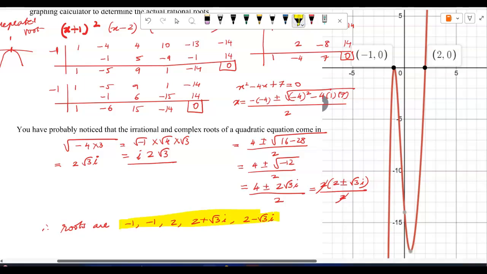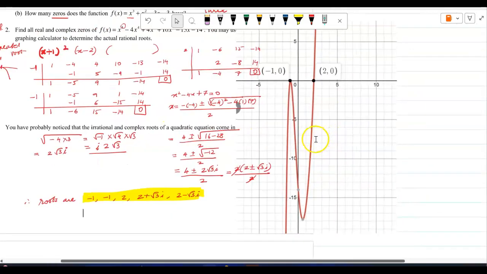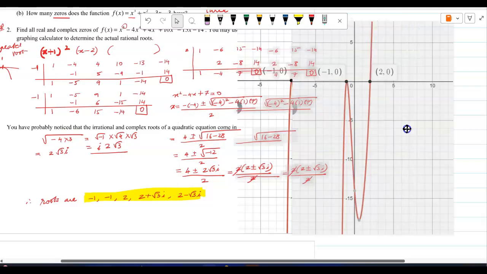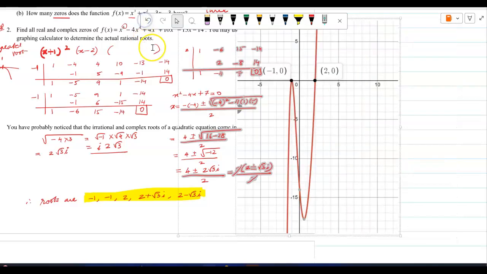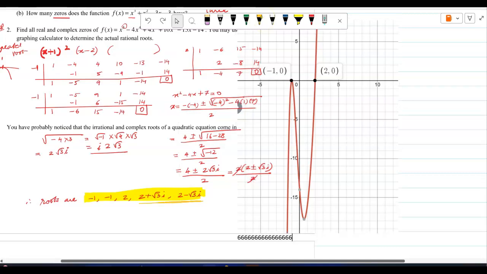And you follow why minus 1 is the repeated root? Now you may probably notice that irrational and complex roots come in pairs. Can you see that they have come in pairs? That's your conjugate root theorem.